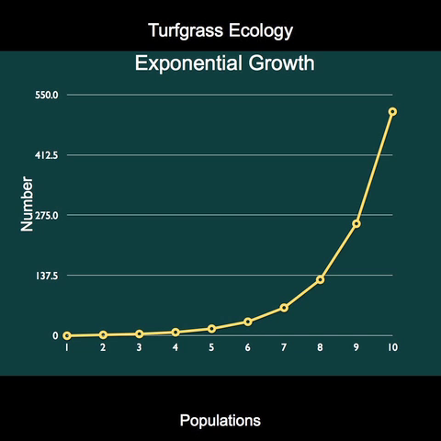At time 2, it is 2. At time 3, it's 4. And it continues to increase at a rate of 8, 16, 32, and then at the last time, it's doubled all the way up to 512. Without any limits on resources or space, the population could continue to increase exponentially.